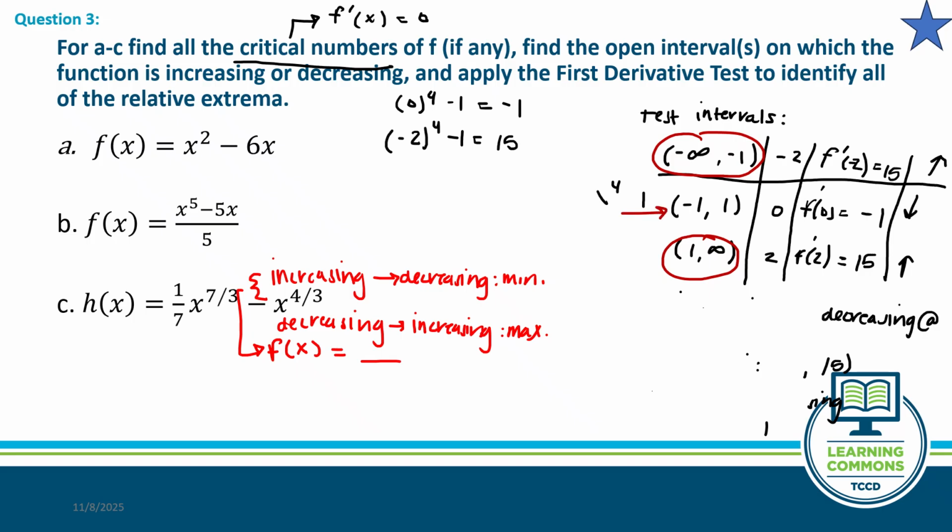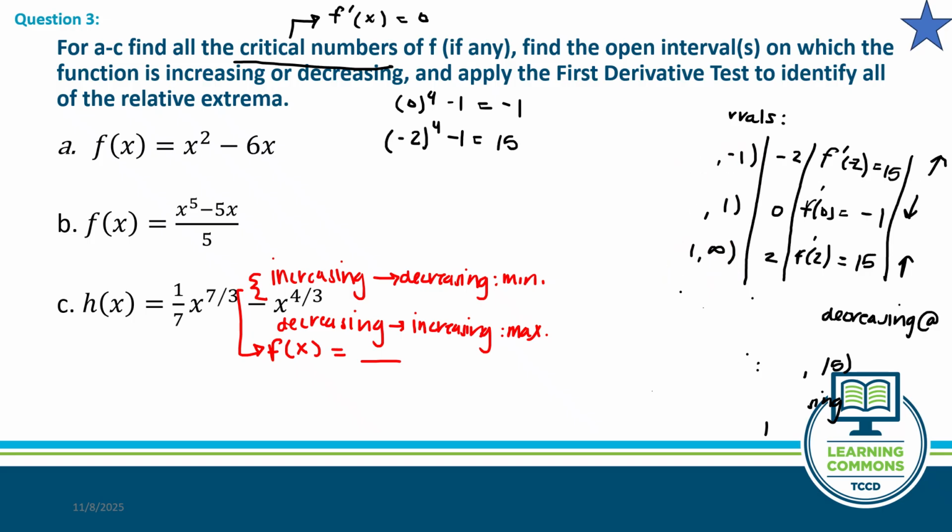Whenever she asks you to list them out, you want to list every single one that is doing the thing she's asking you for. So do not forget, or else you will not get points that you should get.